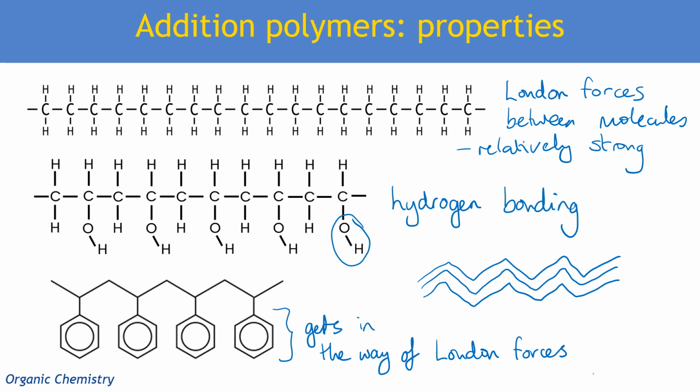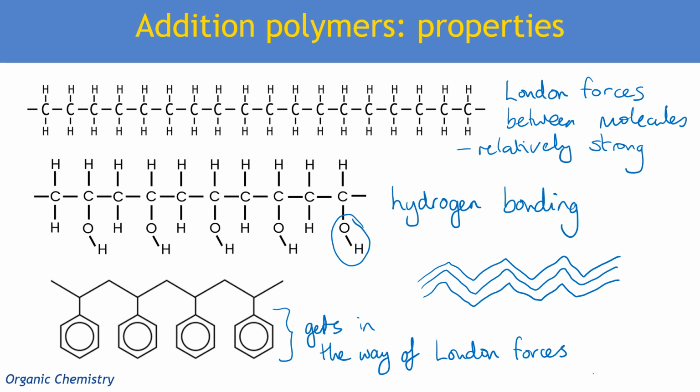Doesn't have to be a benzene ring, it could just be methyl groups or ethyl groups, any kind of bulky group that is not polar, so it's not going to add some more intermolecular forces, is going to get in the way and actually probably lower the melting point. And if you've heard of molecules called plasticizers, those are the things that you can smell when you get a new car smell or new plastic.